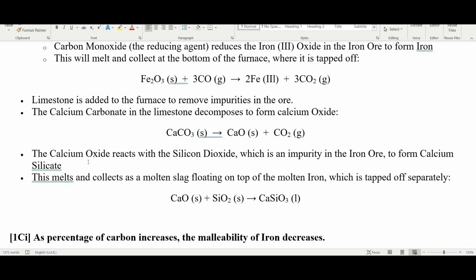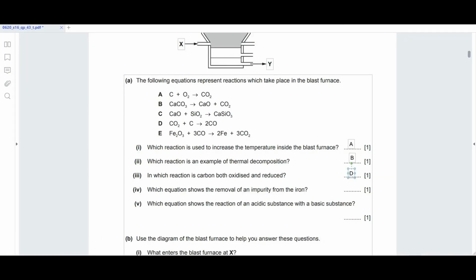We can get rid of calcium silicate and we can obtain our pure iron. So for this part of the question, reaction C is the answer. We'll write here reaction C.